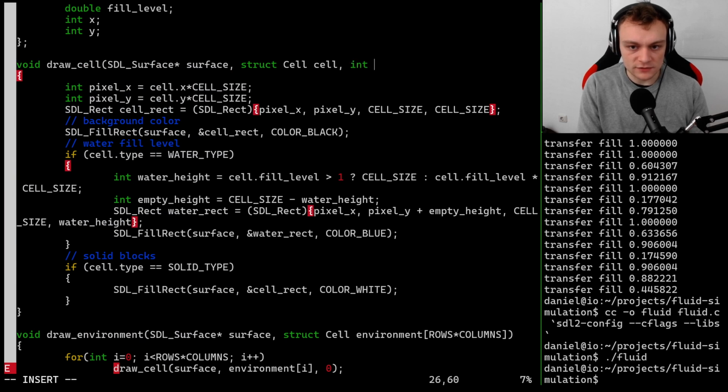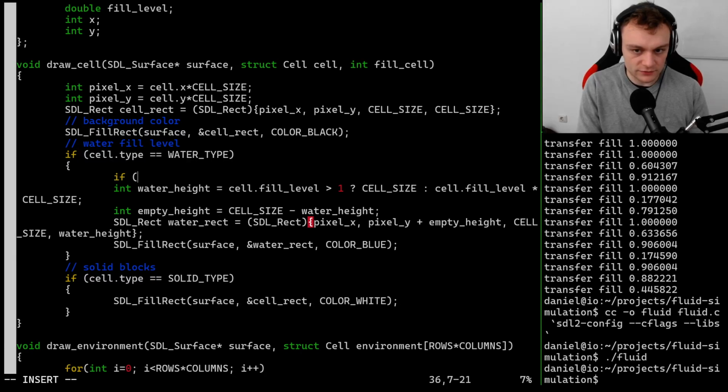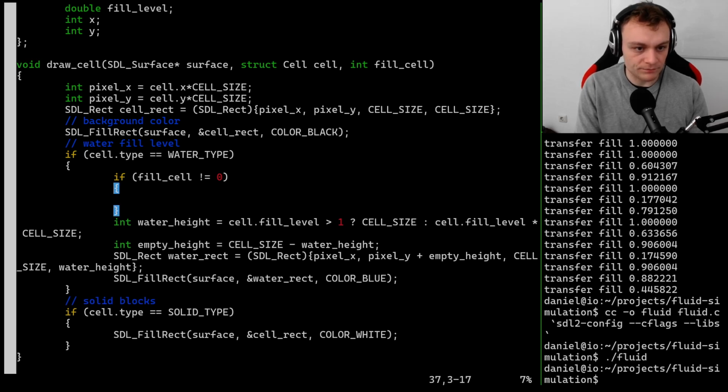Int fill cell. So if fill cell is 1 or is not 0, then we completely fill the cell.